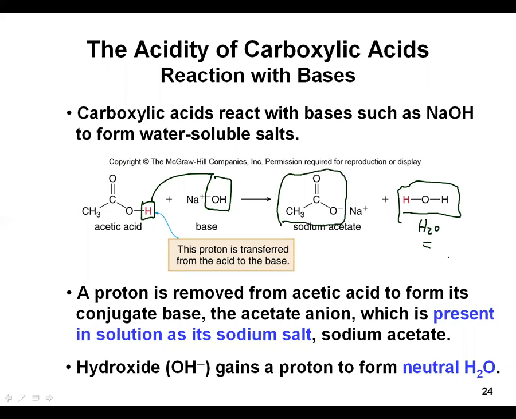And we also have that sodium over here, so that sodium will come together with it. This is very much like what we talked about with acids and bases. An acid plus a base makes a salt, which is sort of what this is, and water. So it's your basic acid-base reaction that these carboxylic acids can also undergo.